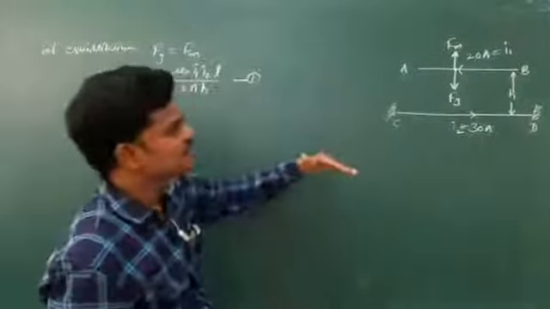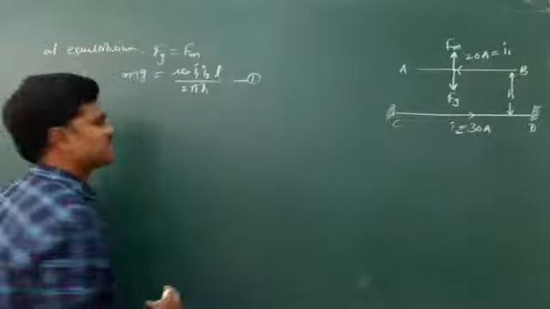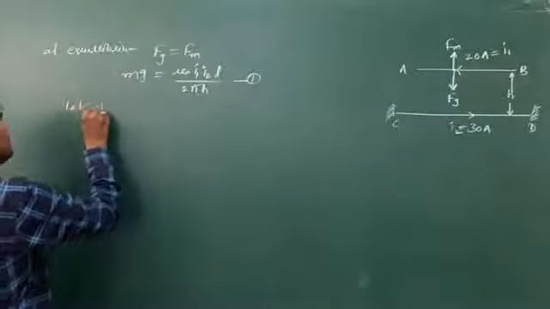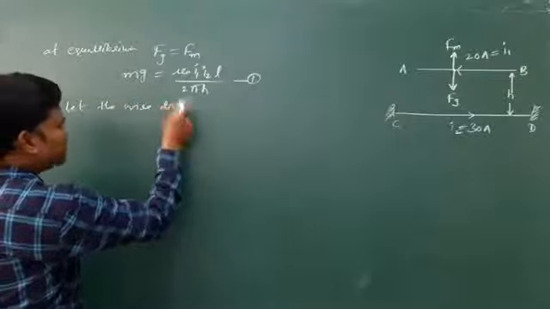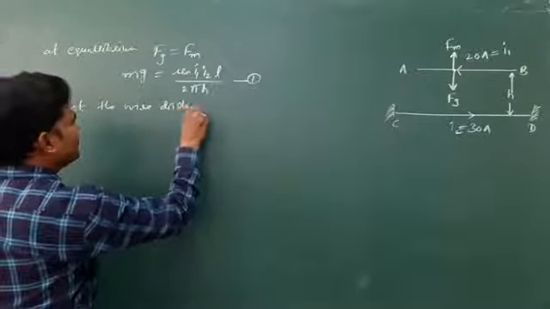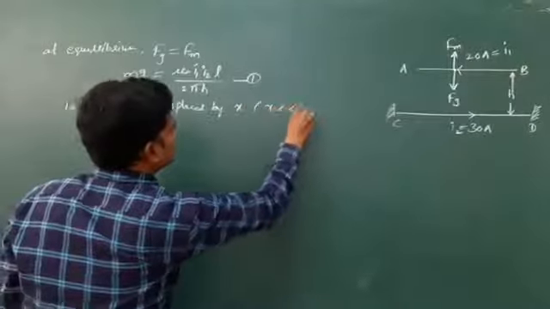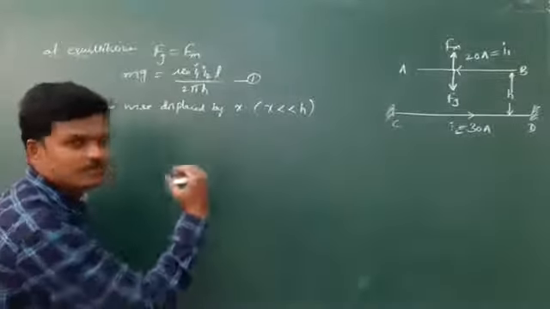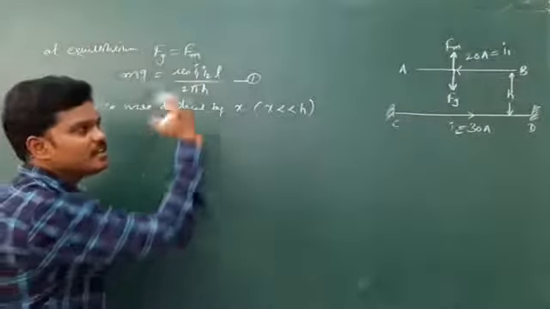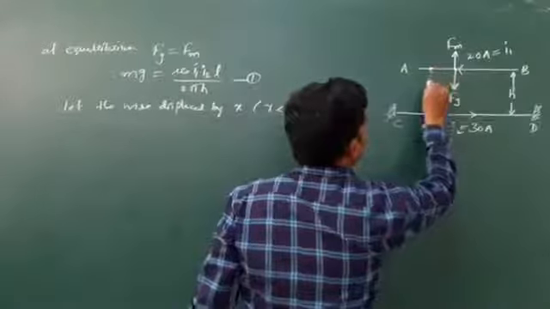If it is displaced slightly, let us suppose the wire is displaced by some x, such that x is much less than h. Like that I am displacing it, moving it a little down and releasing. Then this wire will execute oscillations.